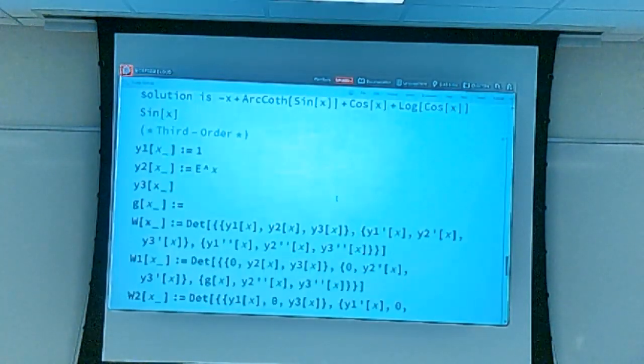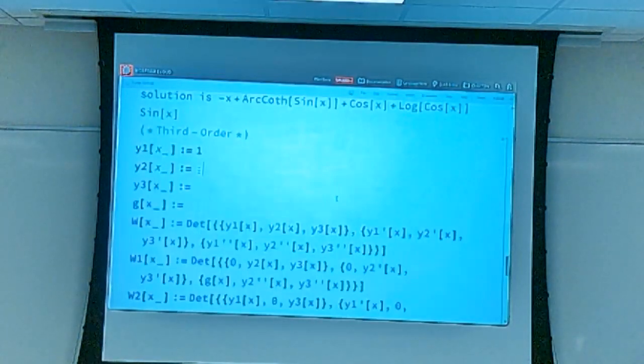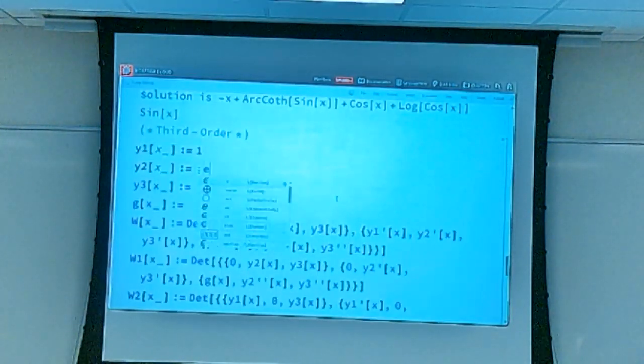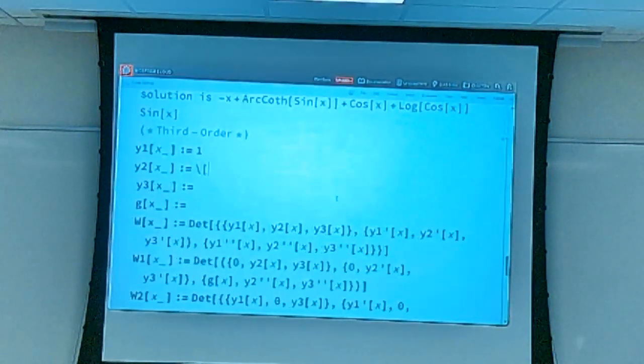Or escape, E, escape sets up that. You might even be able to do slash, exponential E, close out the bracket.